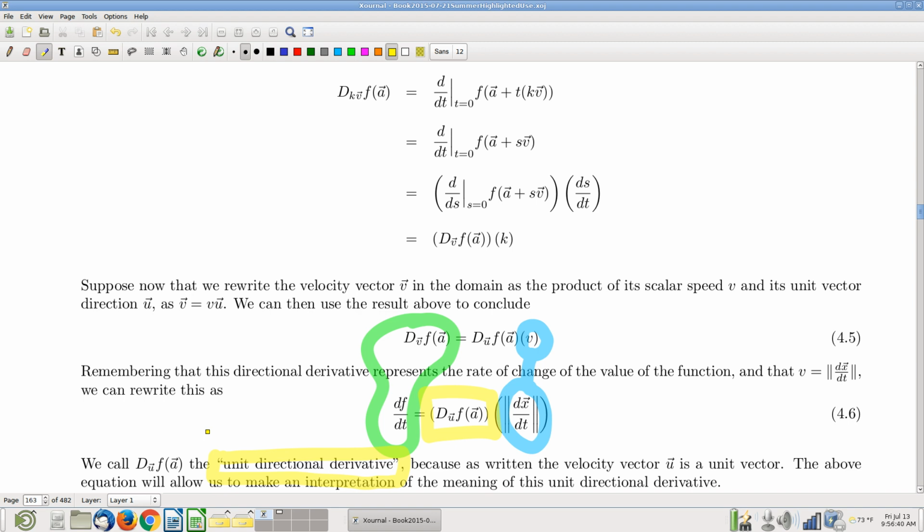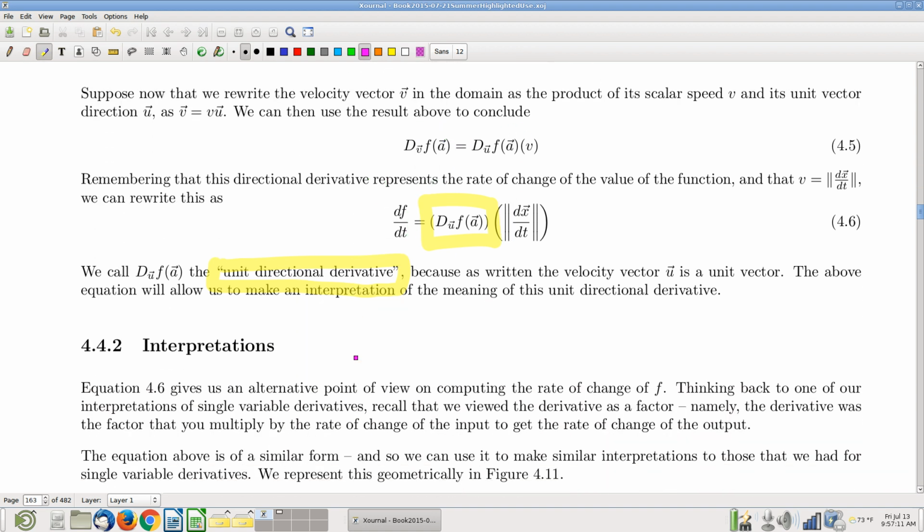I have to be careful with my terminology. I want to say input change, output change, and it's not exactly that, because we do have this magnitude here. It's the magnitude of the input velocity, not the actual input velocity. Nevertheless, the fact that this has the earmarks of being a factor is very satisfying. This is highly reminiscent of our big interpretation of single variable derivative. Is everybody on board? Okay. All right. So, like I said, it's called a unit directional derivative.